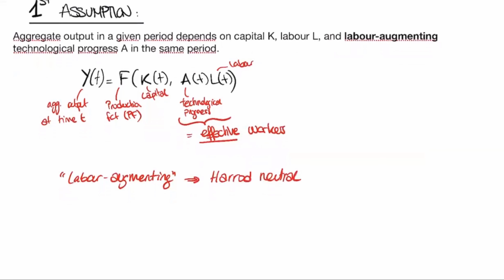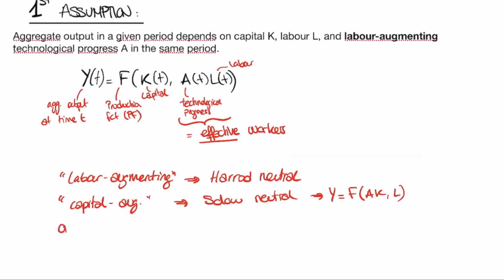But now, if we had, instead of labor augmenting technological progress, capital augmenting, we would have a Solow neutral production function, which would be written down as Y is equal to F(AK, L).